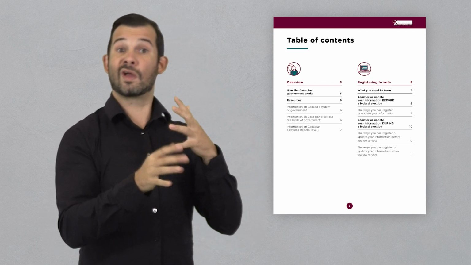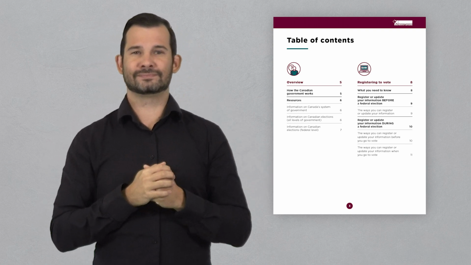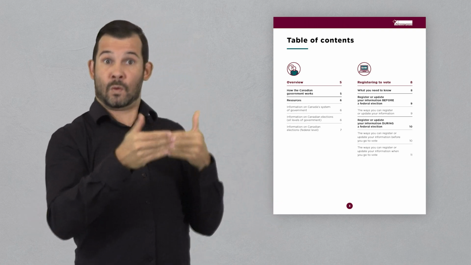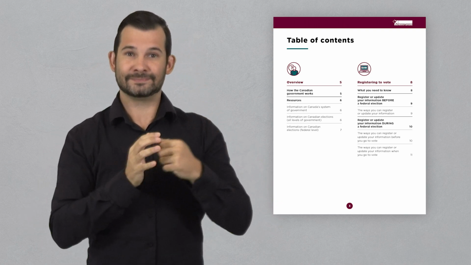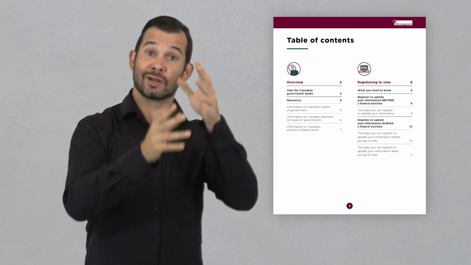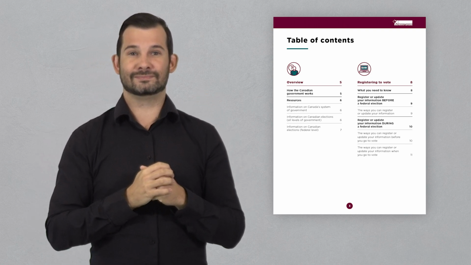Register or update your information during a federal election, 10. The ways you can register or update your information before you go to vote, 10. The ways you can register or update your information when you go to vote, 11.